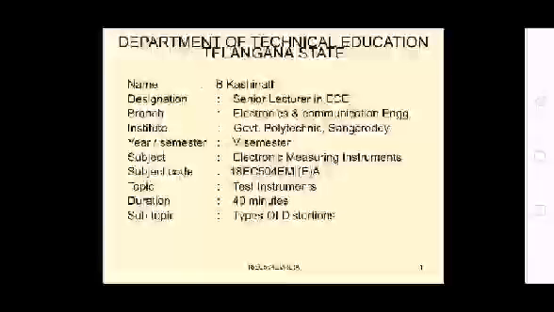It is the first option in electives, so it is A. So the subject code is 18 EC 504 EMI EA, and the final chapter we are going to discuss today is test instruments.